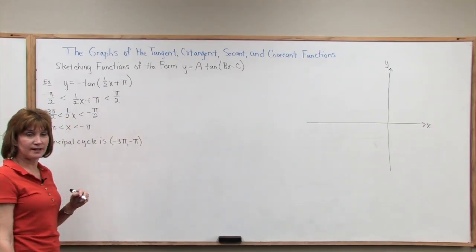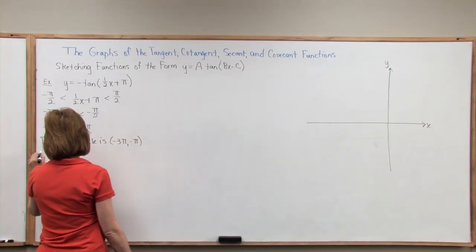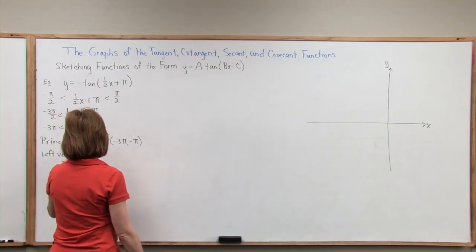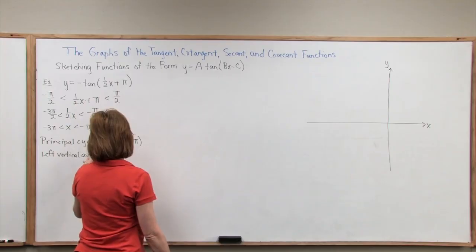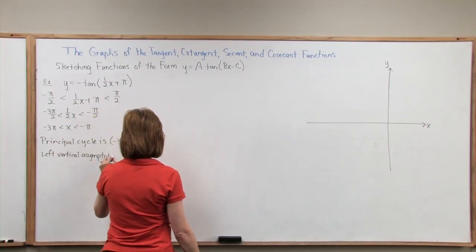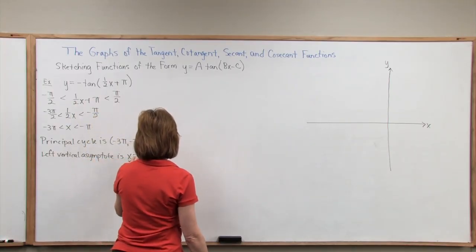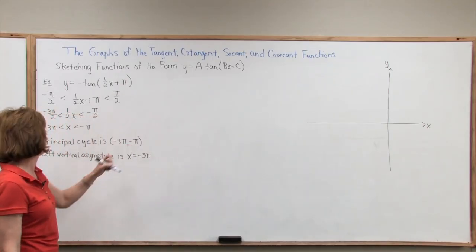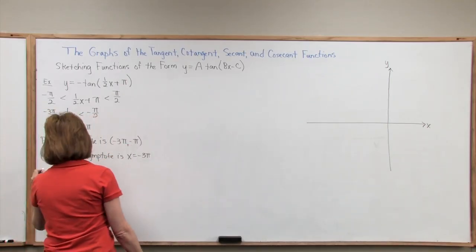Now that I know the principal cycle, I know that the left vertical asymptote is x equals negative 3 pi, and the right vertical asymptote will be x equals negative pi.